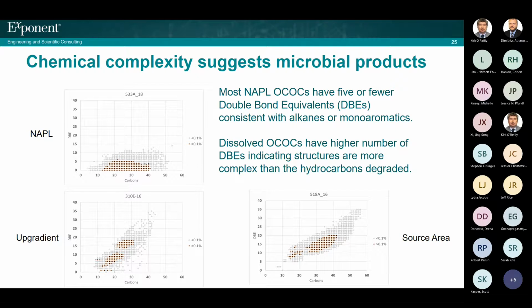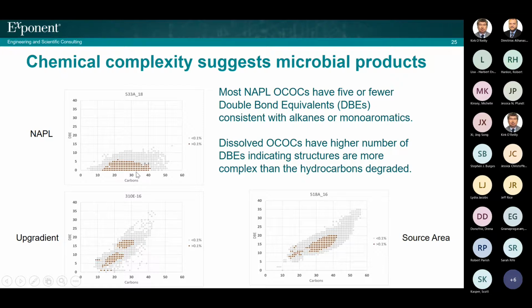Compounds with low DBEs are more linear, simpler. This oil is very alkane rich, and the USGS has demonstrated that most of the degradation going on is the degradation of alkanes. And it makes sense when we took the actual oil and looked at what we saw there.